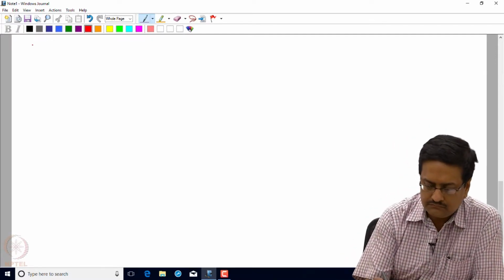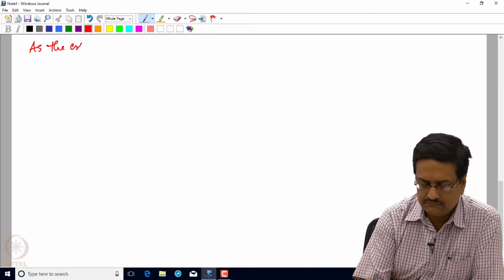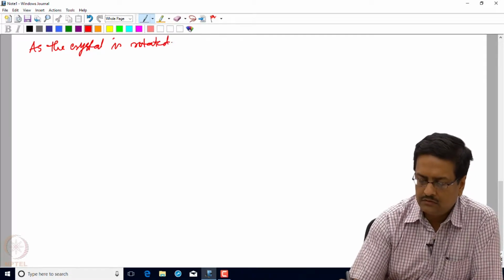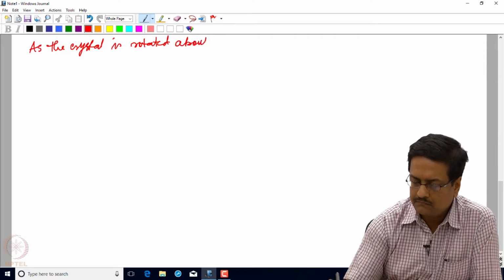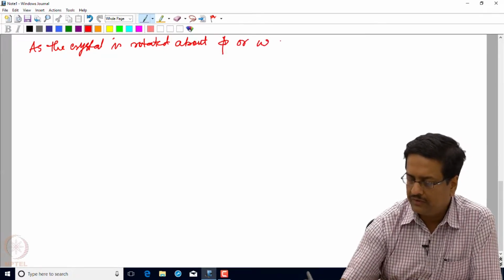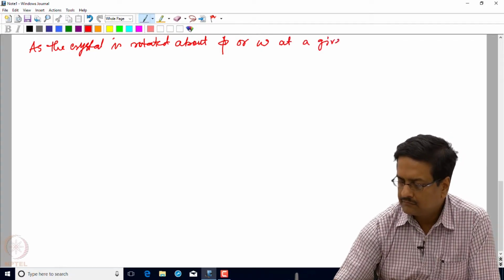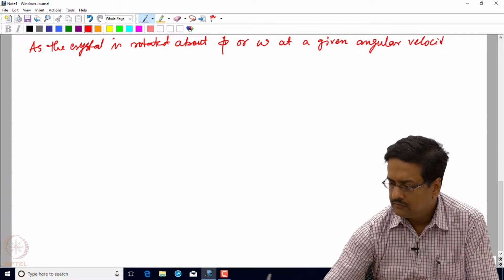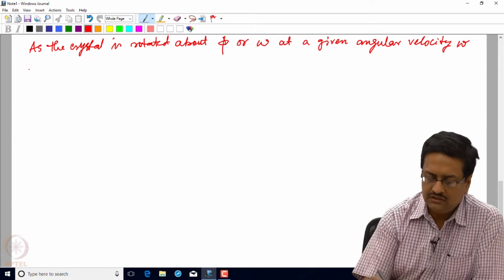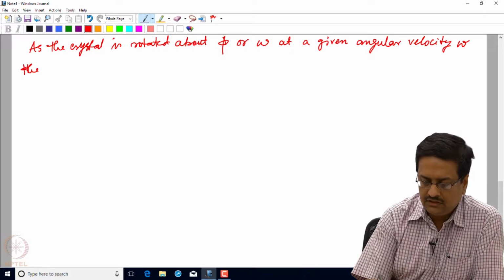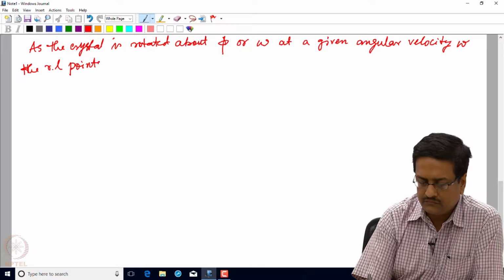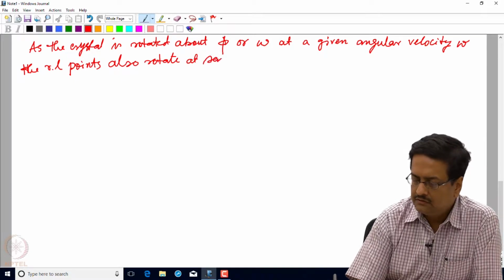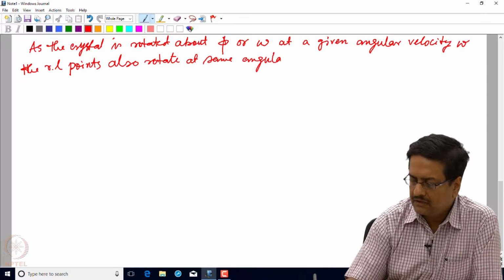So, as the crystal is rotated about phi or omega at a given angular velocity omega, the reciprocal lattice points also rotate at the same angular velocity.